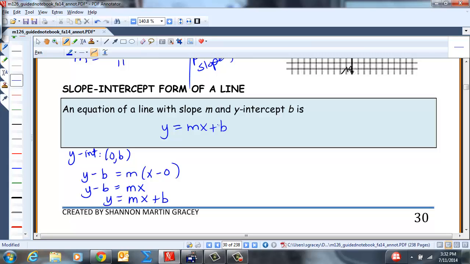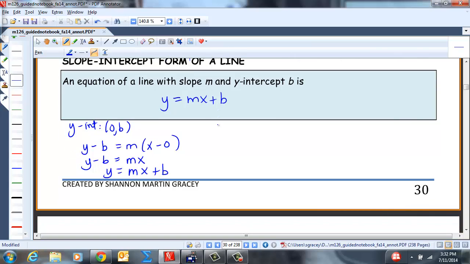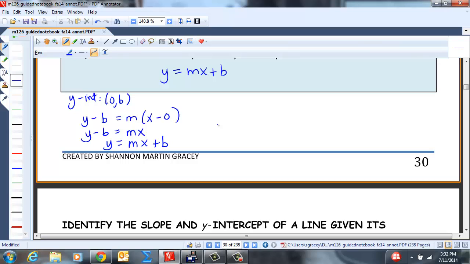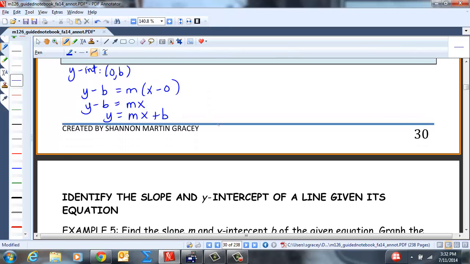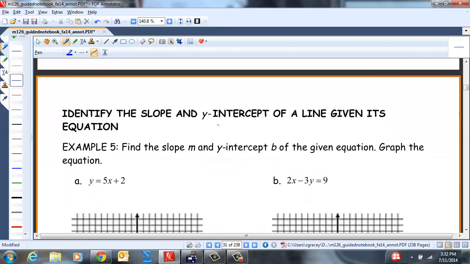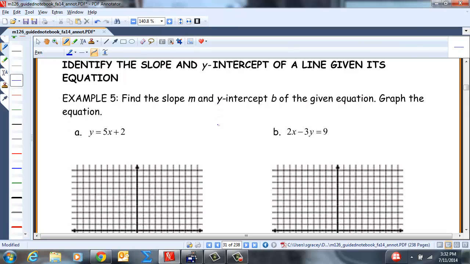And this is a nice one because you can exactly see what the slope and y-intercept of the line are, and it makes it very easy for graphing as well as other applications. So here we go. Do you see that the first equation is already given in that format?